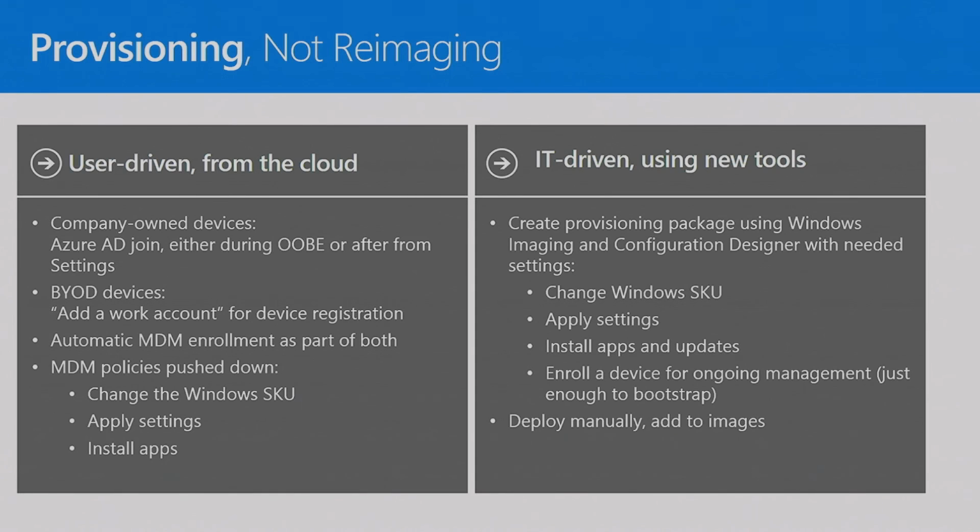I wouldn't consider this a user-friendly option because what user is going to want to take a USB stick that contains a provisioning package, insert it into a PC when it's at the initial OOBE screen, hit the Windows key 5 times, browse to the provisioning package and apply it. That's probably a bit more than what you want most of your users to go through, but for an IT person, that's trivial.